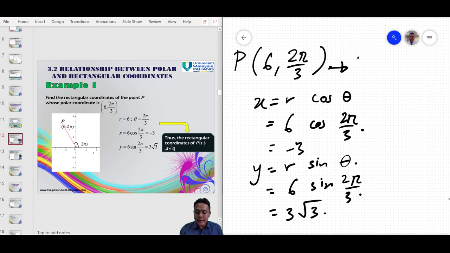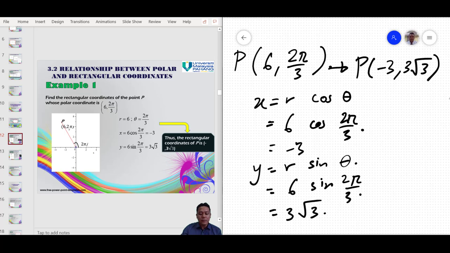Therefore, this P in the rectangular coordinate system will be negative 3 and 3 square root of 3. And if you observe, it is quite reasonable that the value of x will be negative and the value of y will be positive in the rectangular or Cartesian coordinate system.